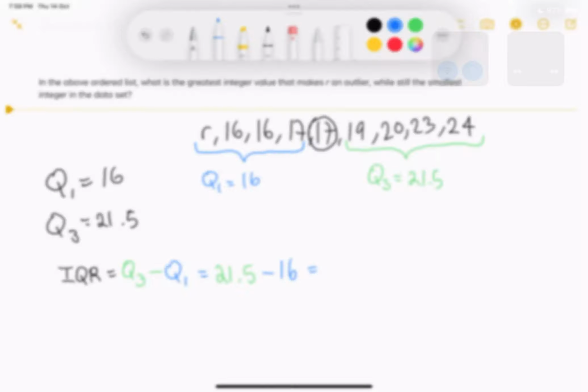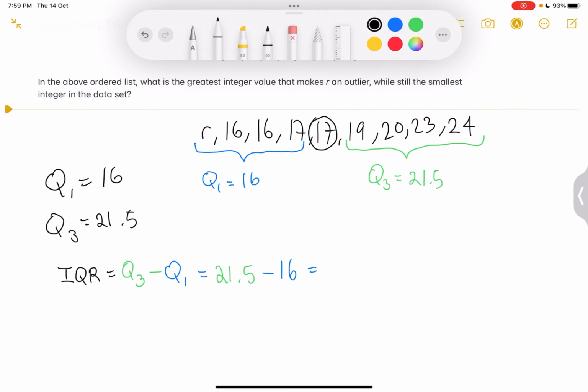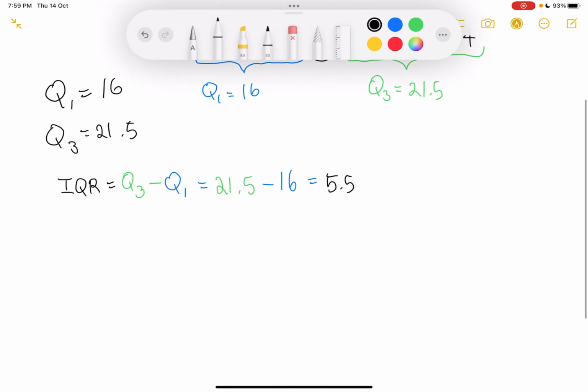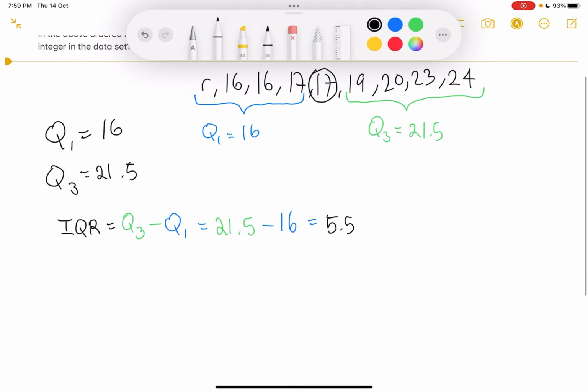And so 21.5 minus 16, we get 5.5. So this is going to be useful when trying to find the boundaries for the max and minimum outliers.